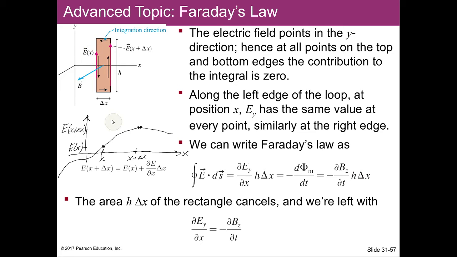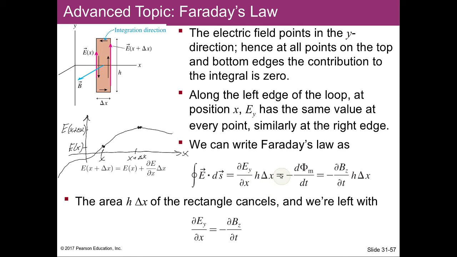And so we see the contribution of the left side and part of the contribution on the right side here cancel each other, and all we have left is h times this term here. So the entire integral consists of 0 from top and bottom, two terms on the left and right that cancel each other, and just this leftover term on the right that's written here. Okay, the field times the distance we integrate over, h.